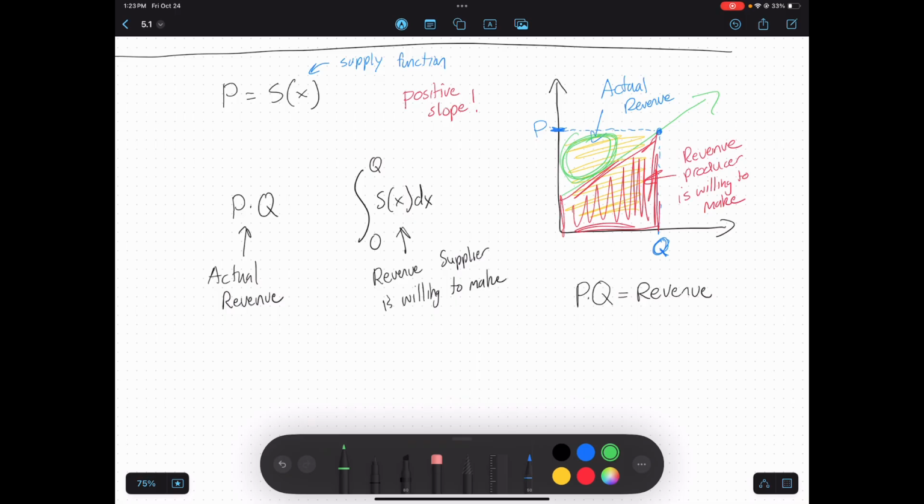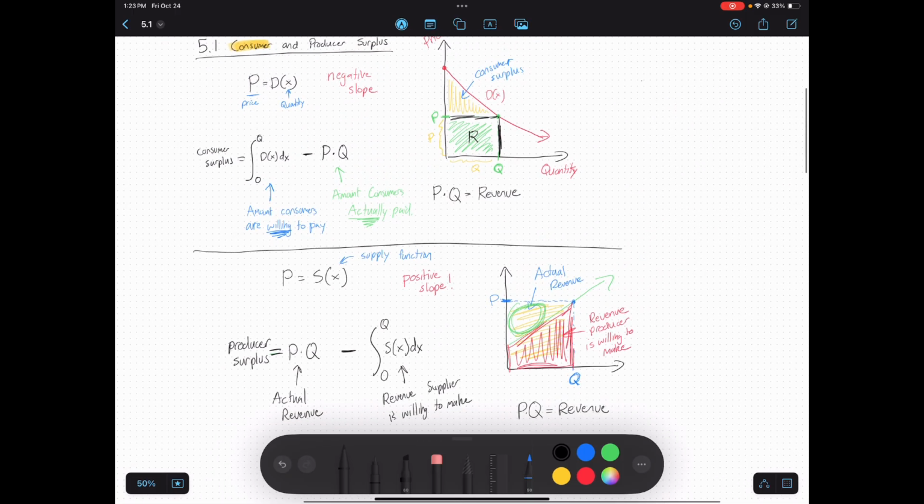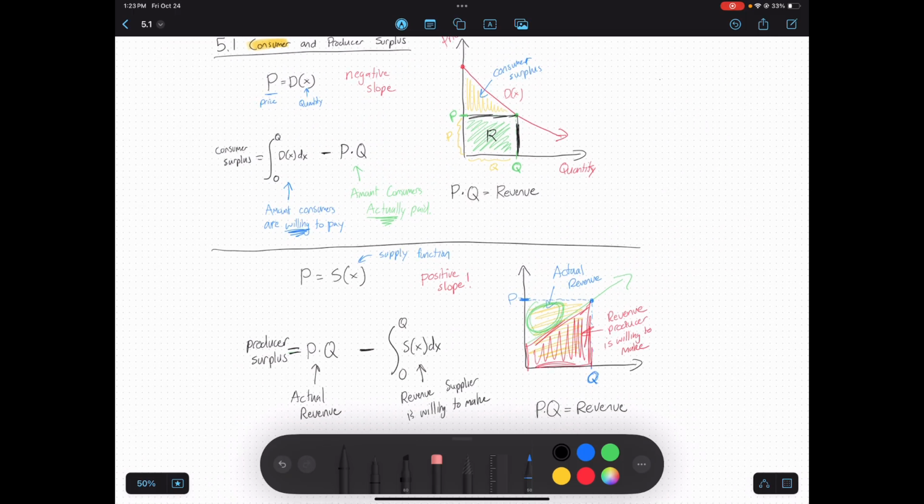So we once again now have a metric for this using integration, where I can calculate what's called the producer surplus. But in this case, because the actual revenue is bigger, I start with that value and I subtract the actual area under the curve to find producer surplus. So both of these represent metrics to measure consumer satisfaction and supplier satisfaction.